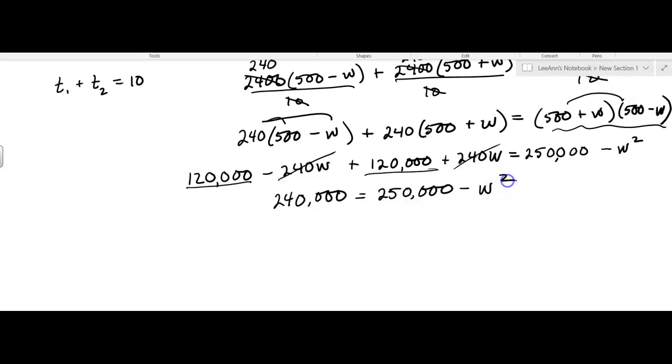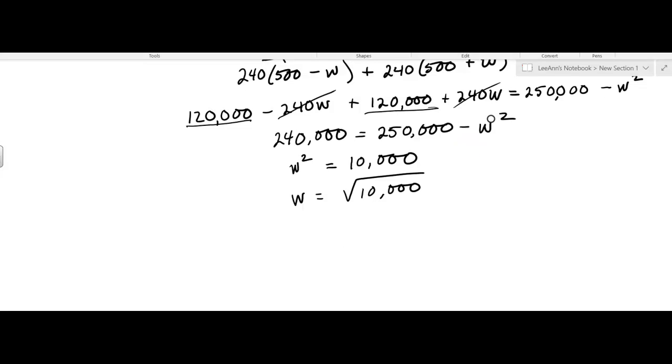minus W squared. Well, if I put the W squared on the left, and if I subtract the 240,000, I'm going to have 10,000, like that. And then I could just take the square root of both sides. But this is a nice one because I know the square root of 10,000, that's just going to be 100.